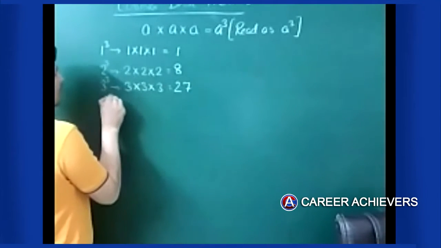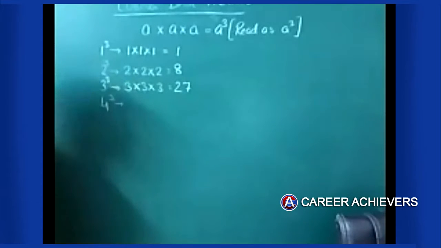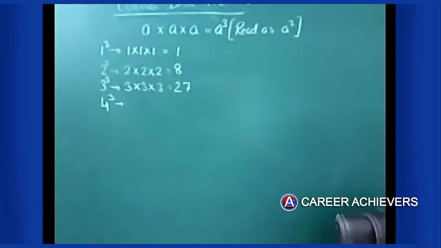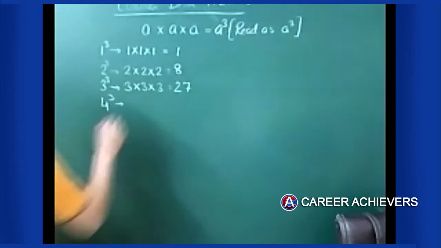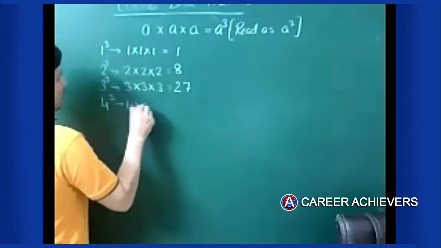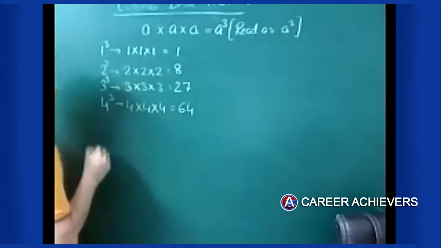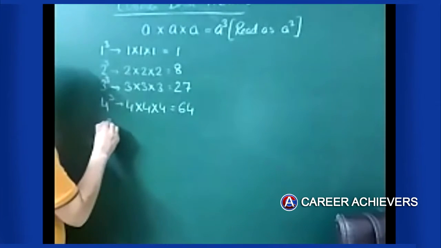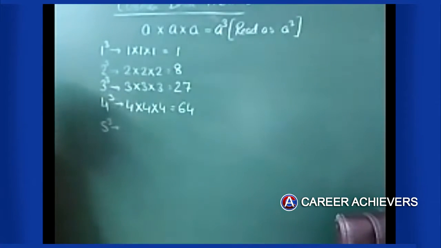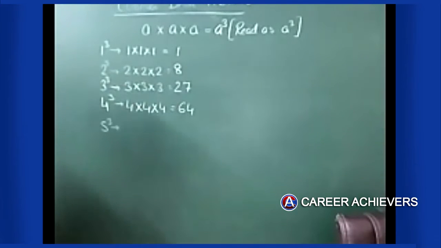4 cube. 64. Yes, it's 64. 4 into 4 into 4 is 64. 5 cube. 125.